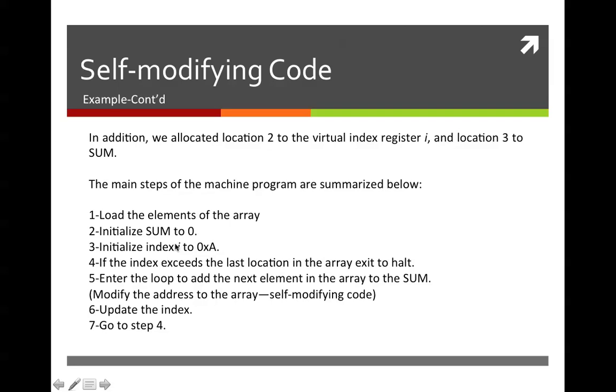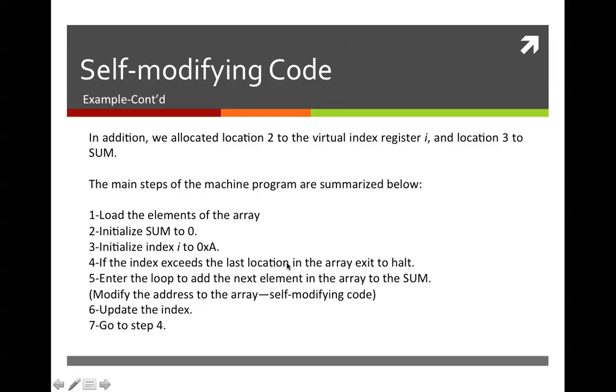And then initialize our index to location 10, which I decided to store the first element in my array in this example, and then ease our way into the loop by checking this virtual index register to see if its value has exceeded the location that goes just behind the array on the other side of the array. That location happens to be, in hexadecimal, location 14, as we shall see.